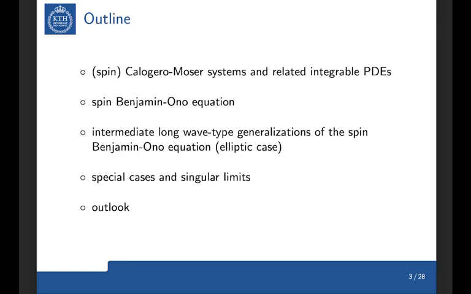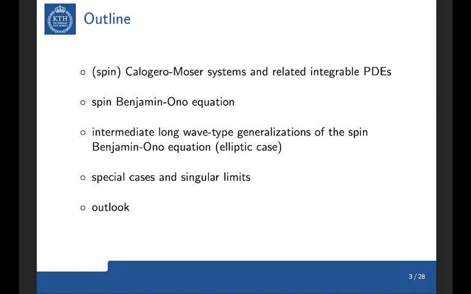I'll start by giving an overview on Calogero-Moser systems and how they're related to integrable PDEs before I focus on the spin-Benjamin-Ono equation and describe our main result on this equation. The generalizations of the spin-Benjamin-Ono equation are of intermediate long-wave type. So by this I mean they involve singular integral operators that are familiar from the theory of the intermediate long-wave equation.